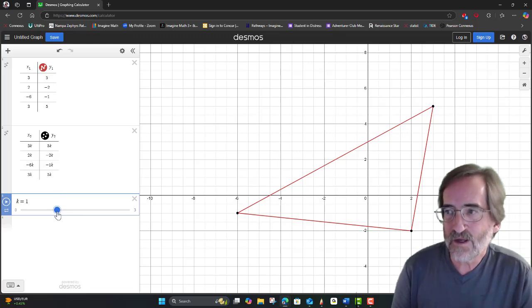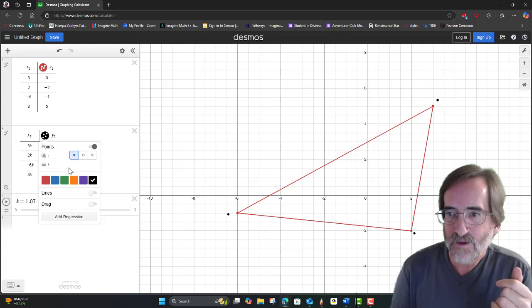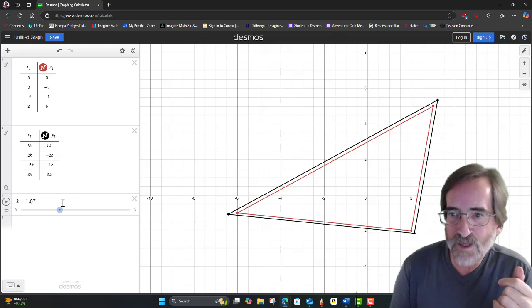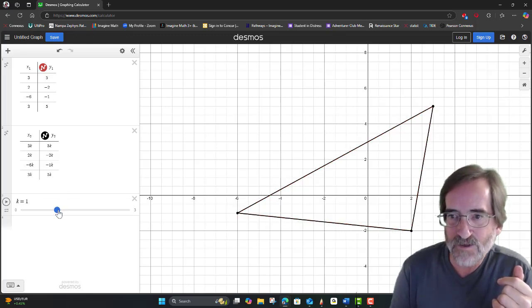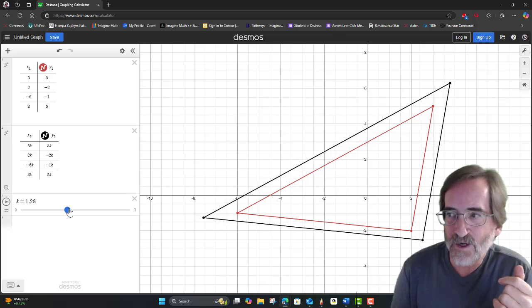So right now k is 1, and you'll notice that there's just one triangle. But as soon as it would help if I turn on line drawing. There we go. And so for a scale factor, this k is called the scale factor, or the multiplier is called the scale factor. For k equals 1, the triangles are exactly the same. When k gets bigger than 1, the triangle enlarges.